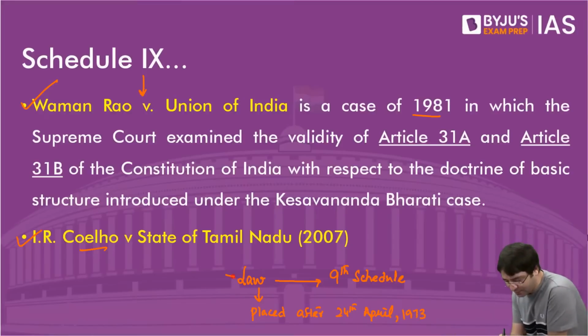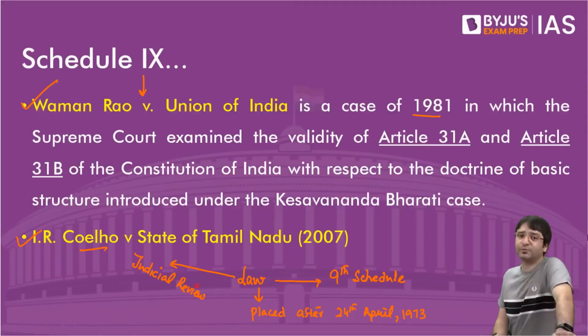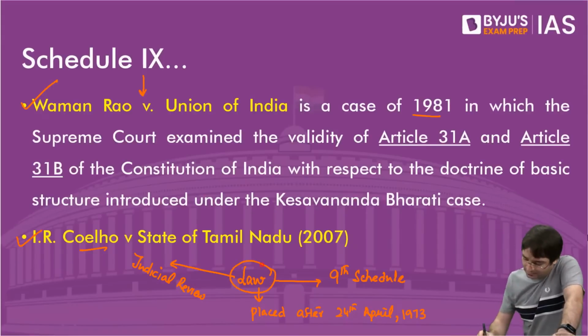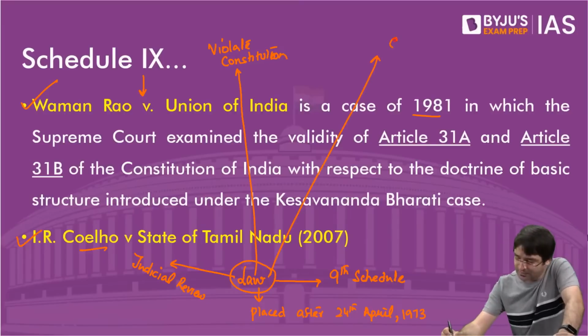That means on this particular law there can be judicial review. That means you can question the validity of this law placed in the Ninth Schedule. Yes. But even then this law has some protection. This law can violate the Constitution. But this law cannot violate the basic structure.